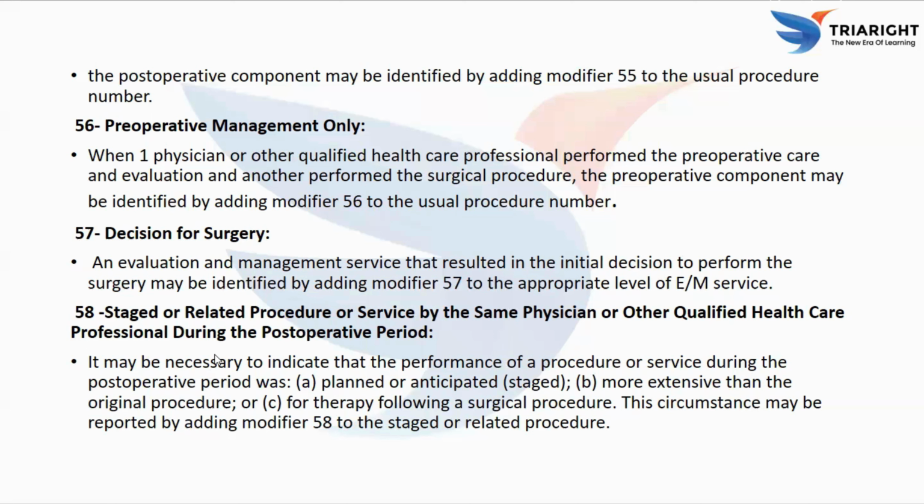When the procedure is planned, when there is a more extensive procedure later, or therapy following the surgery by the same physician during the global period. For example, the first surgery is removal of infected tissue, and the second surgery is a planned skin graft during the healing period. How do you code? You code the second procedure CPT code plus modifier 58.